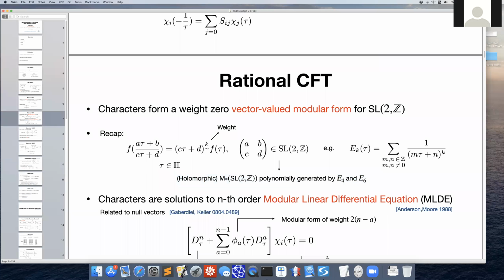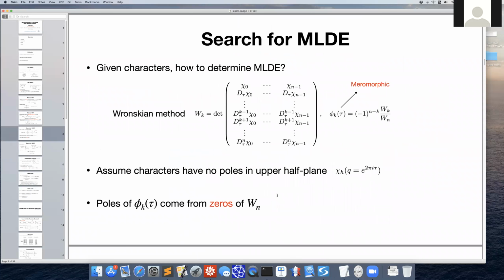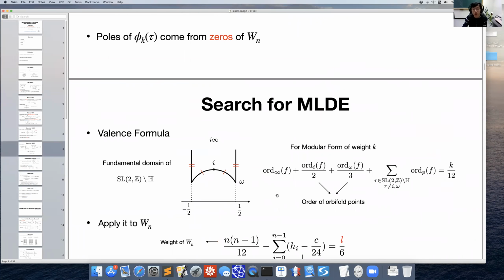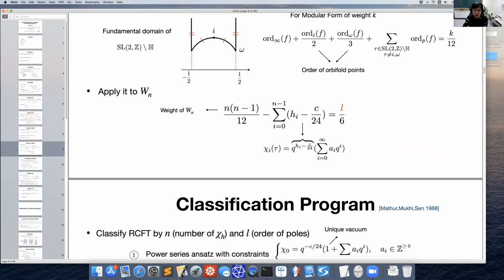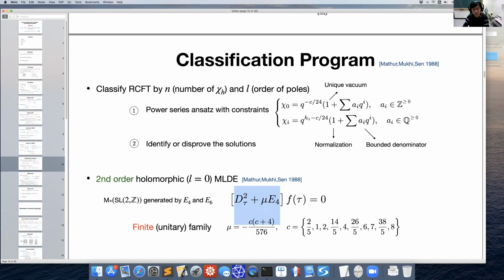Then can't you have D tau plus mu E6 instead of E4? The constraint is that this increases the weight of the modular form by 4, so this term should also increase the weight by 4. I see, so by constraints, this should have the same weight, and we have this family. Thank you for the question.